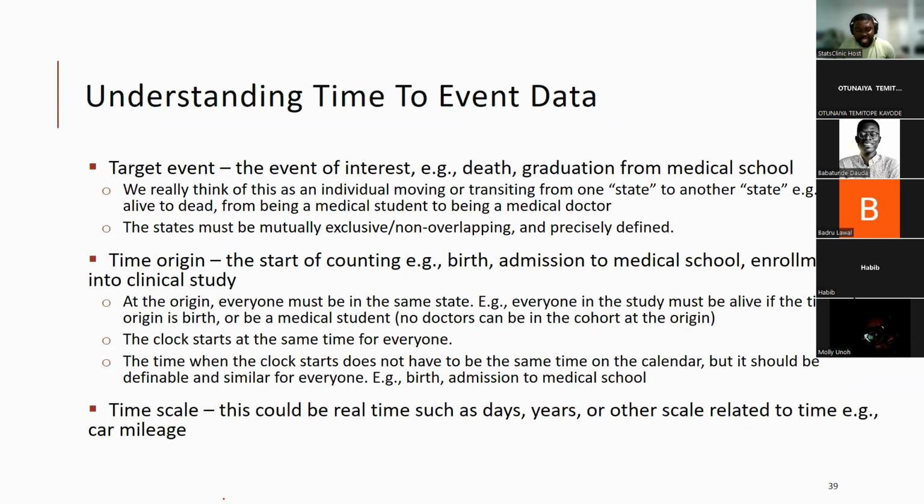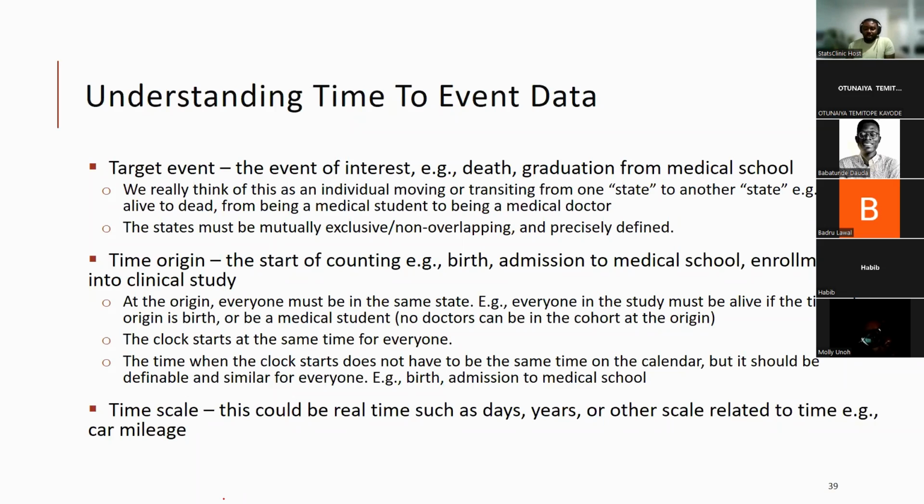Okay. And you follow up the kids from all those schools to see how many kids graduate on time. Let's say this is a secondary school setting and they have to write an exam at the end of secondary school. So you're trying to see how many kids graduate on time, or how many kids drop out of school.